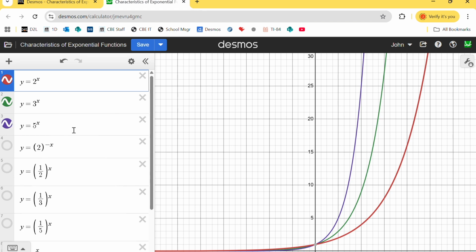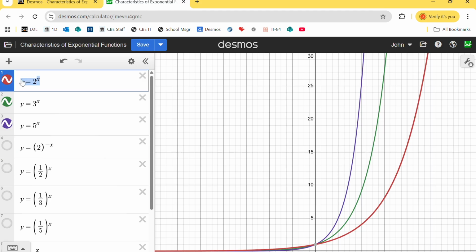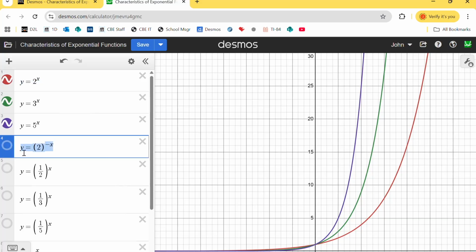Okay. We also investigated what happens when we have something like y equals 1/2 to the x. Well, we rewrote that as y equals 2 to the negative x. So that is a reflection. So if we take this graph and we make the exponent negative, that's a reflection.